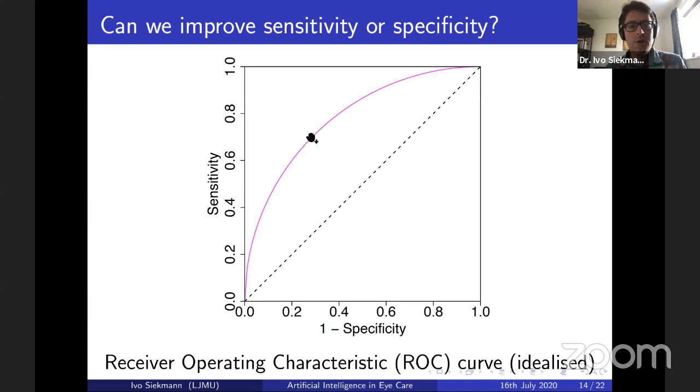And you can also go for somewhere in the middle, then you get the best of both worlds. You get the best sensitivity and specificity with the method you are using. So this is an idealized ROC curve.